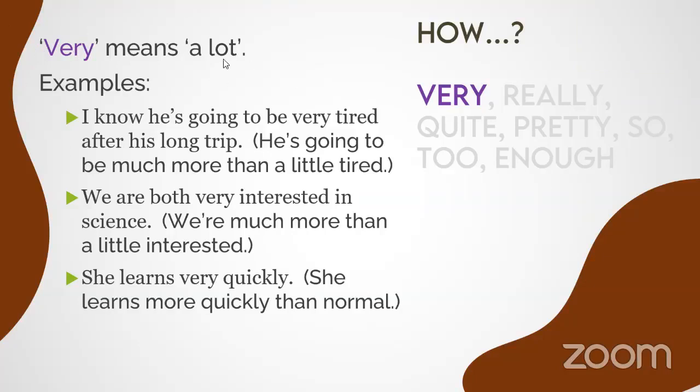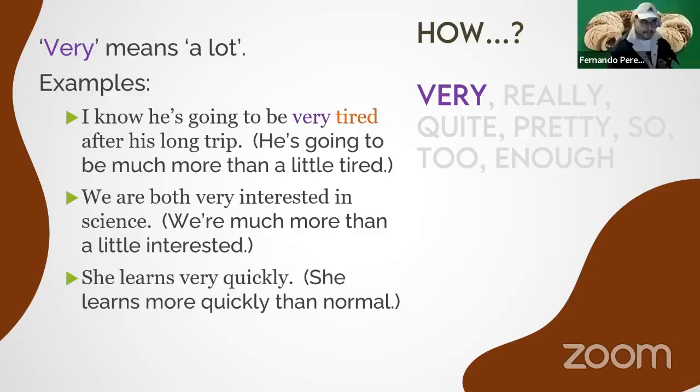Okay, sorry. Read that section. Very means a lot. Examples. I know he's going to be very tired after his long trip. He's going to be much more than a little tired. Correct.